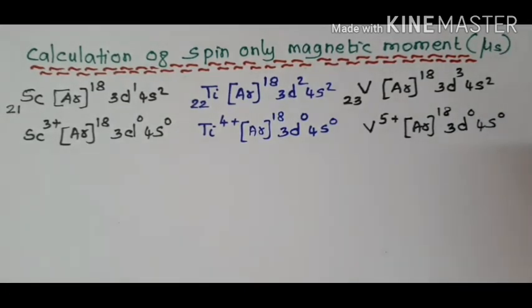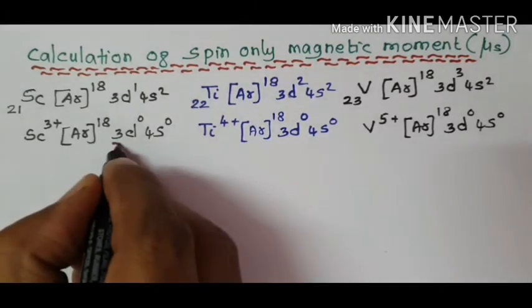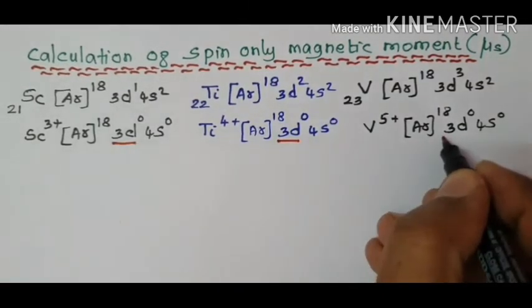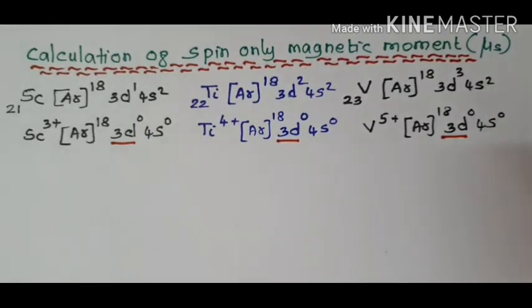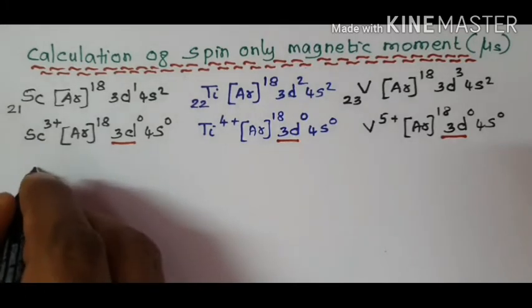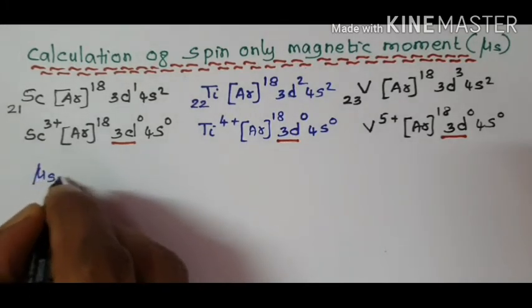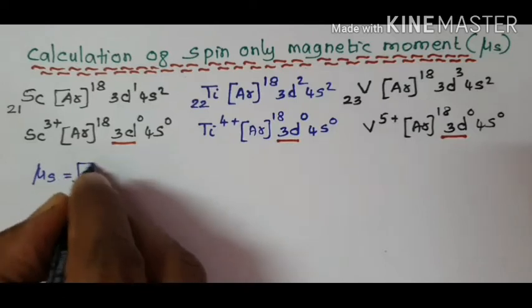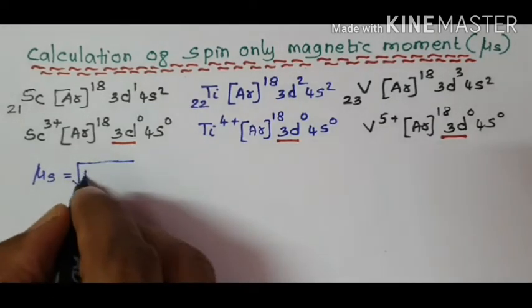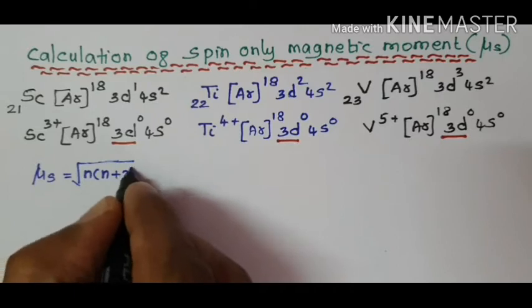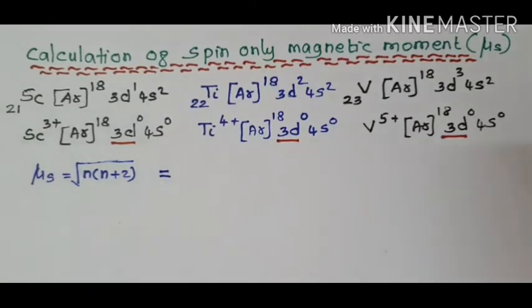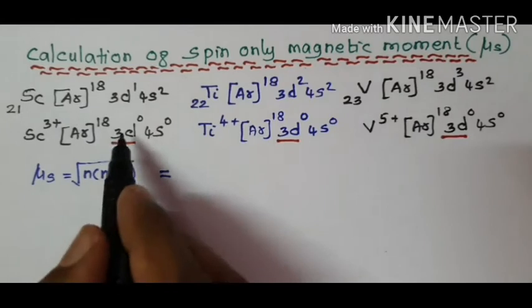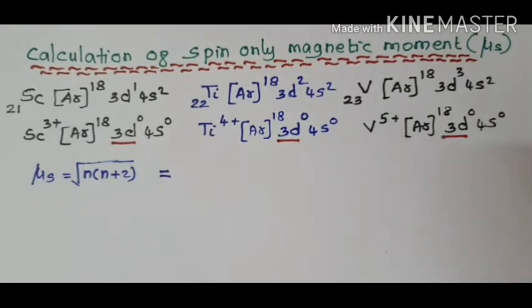Now in our examples, the 3d orbitals are empty in scandium 3 plus, titanium 4 plus, and vanadium 5 plus. The spin only magnetic moment formula is equal to root of n into n plus 2 Bohr magneton, where n equals the number of unpaired electrons.